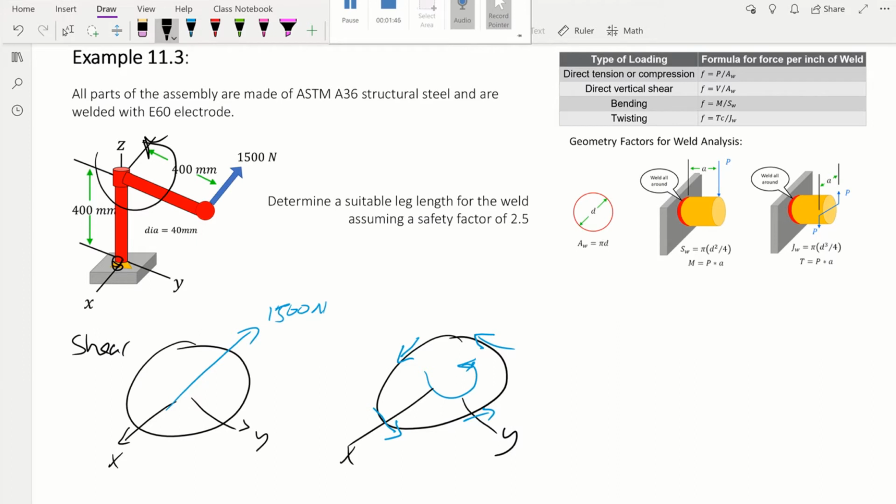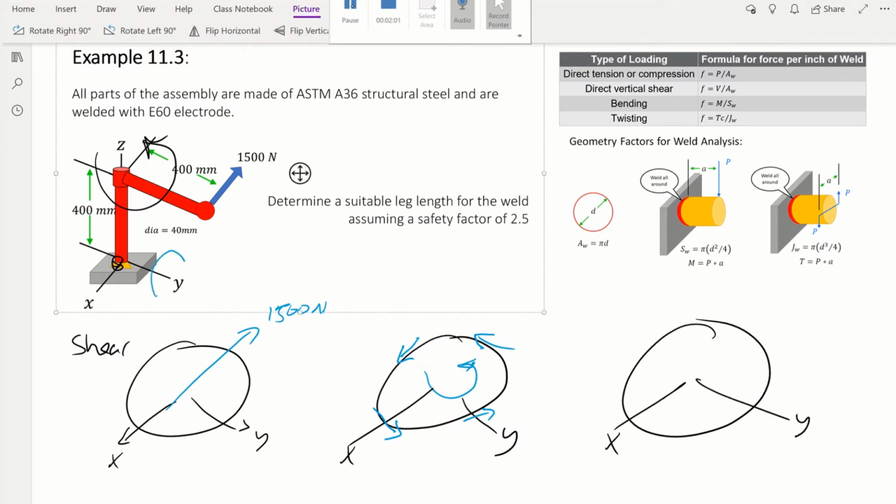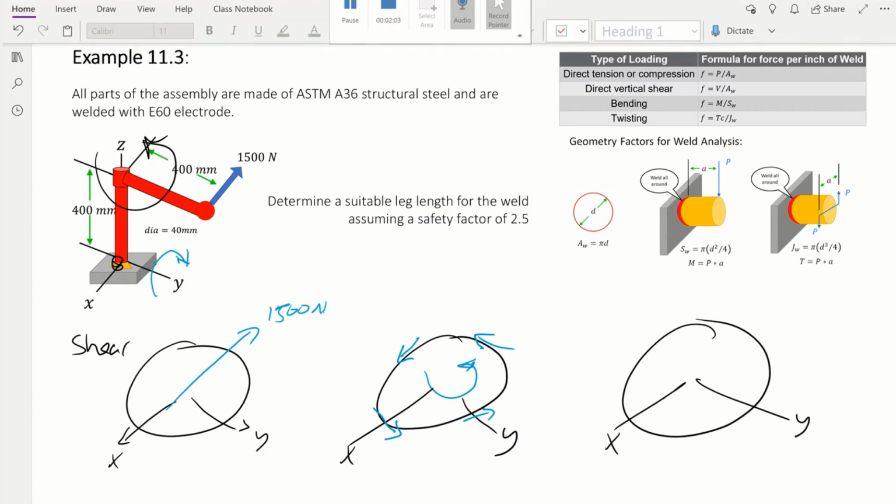What else can happen? Well, the force is some distance above the plate, 400 millimeters above the plate. So the other type of loading that this weld can see is essentially a bending moment about the y-axis, something that looks like this. What does it mean for the weld?